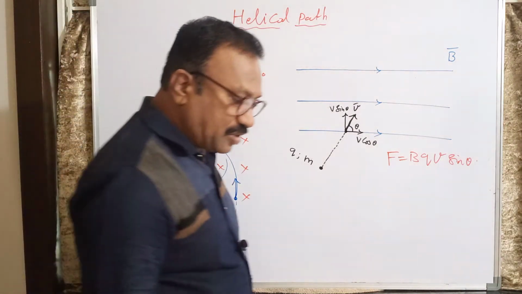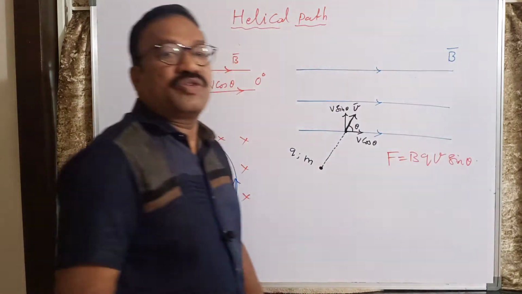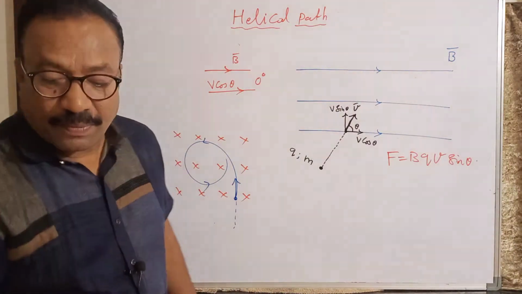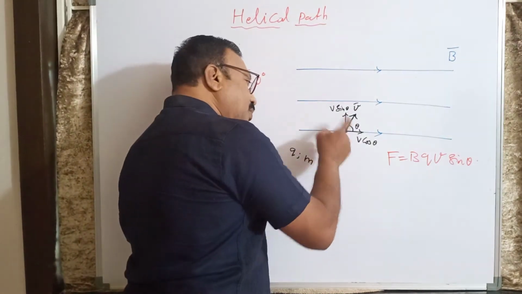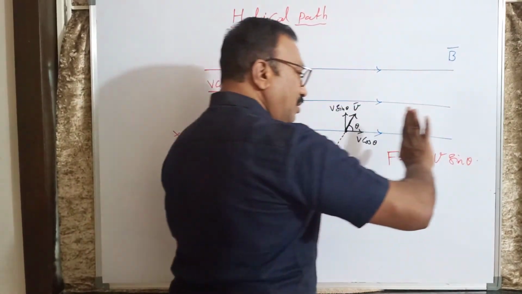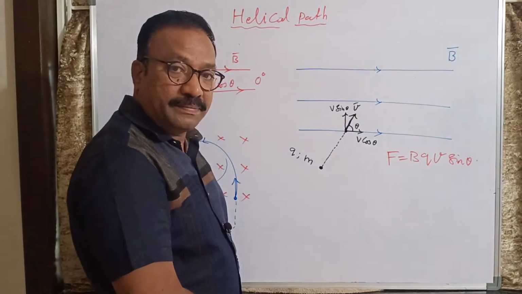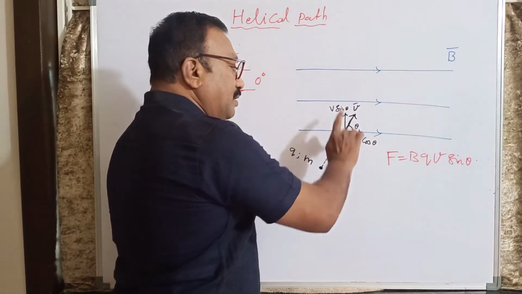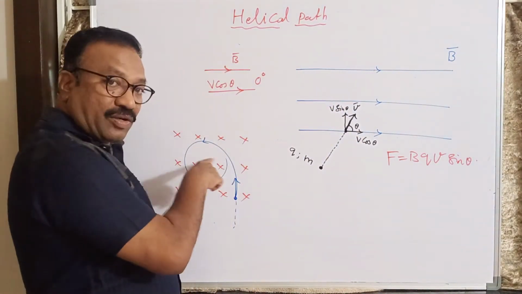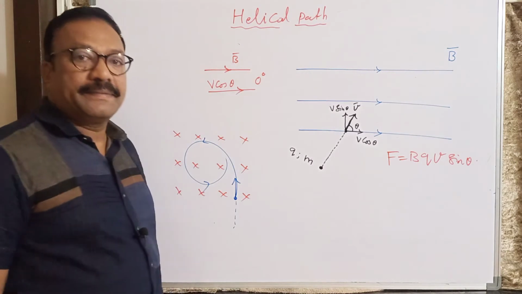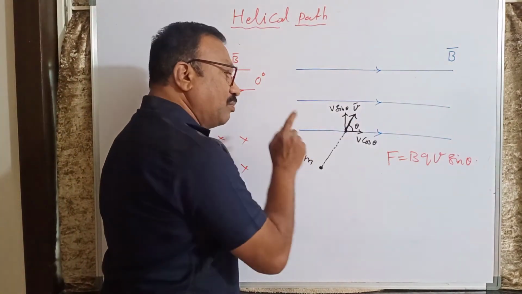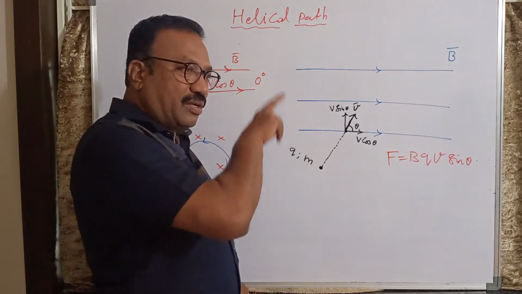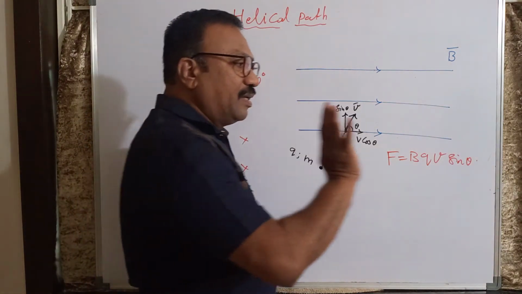So the particle has to take both motions: horizontal motion due to V cos theta, and the vertical component will cause a circular motion by V sin theta. So circular motion and linear motion, both have to take place.